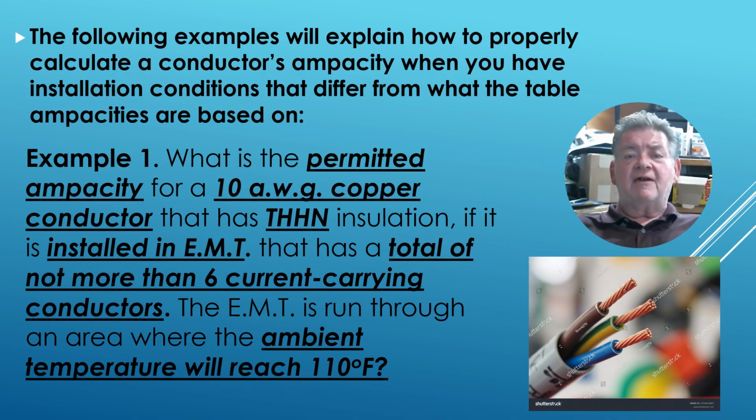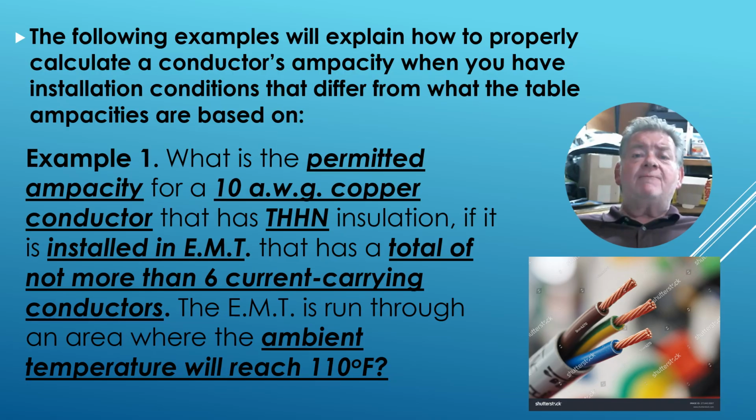Let's do a couple of examples. The following examples will explain how to properly calculate a conductor's ampacity when you have installation conditions that differ from what the table ampacities are based on. Example 1.